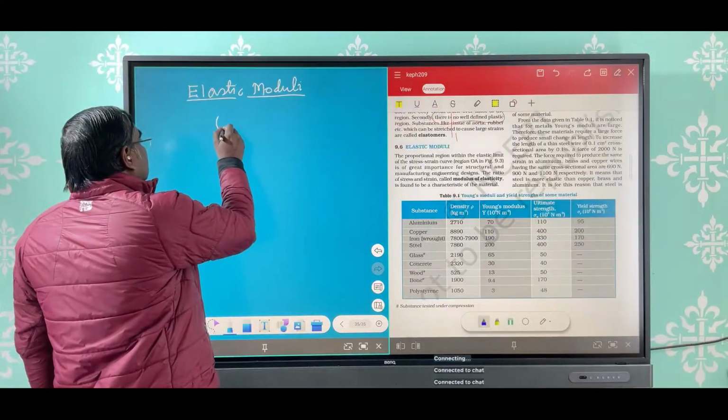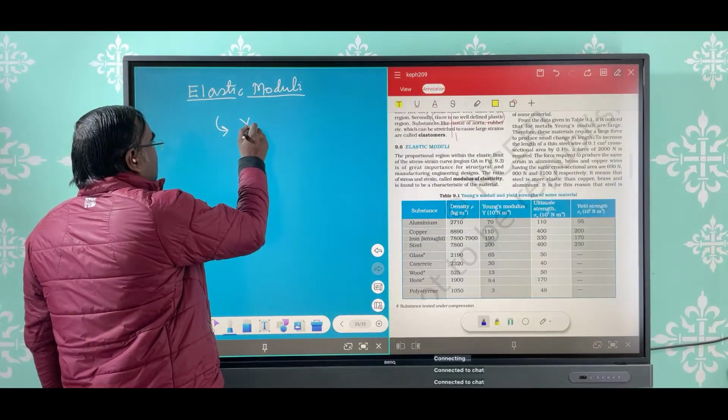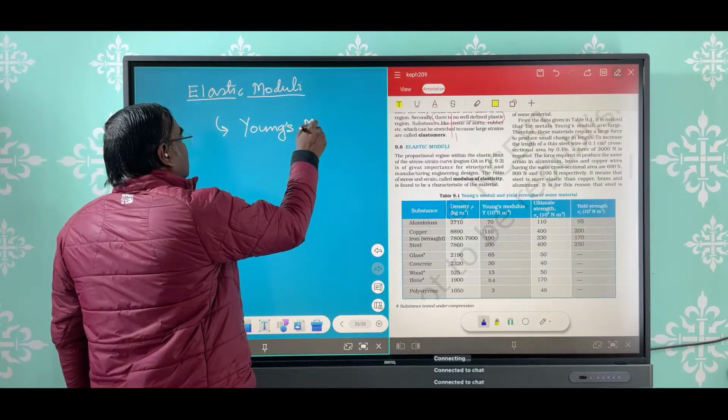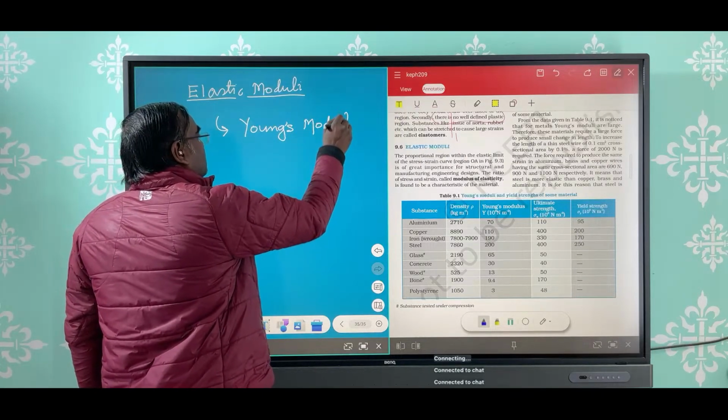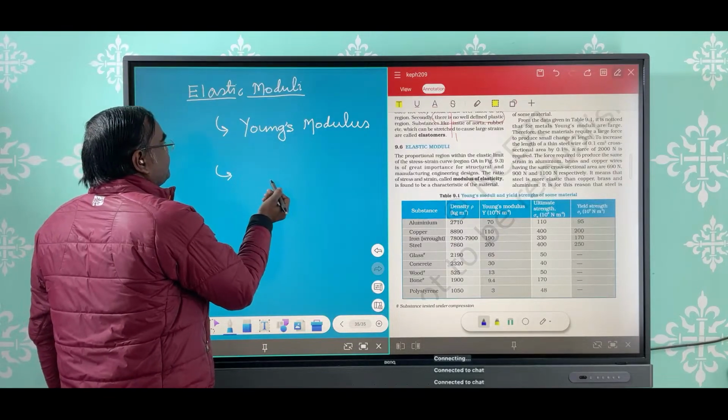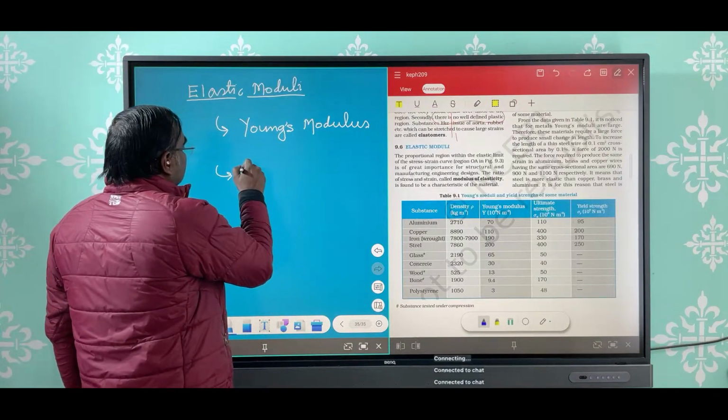First one is the Young's modulus. Second one is the modulus of rigidity.